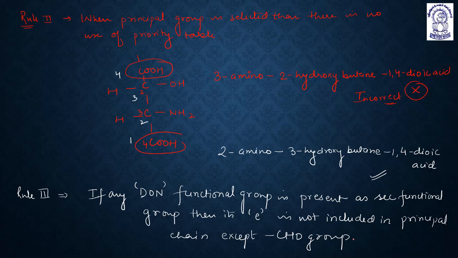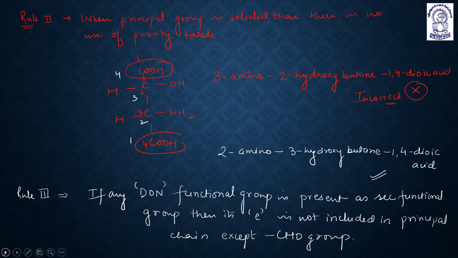Like, for example, sorry, it is not C, it is carbon. Then its carbon is not included in the principal chain except the CHO group.